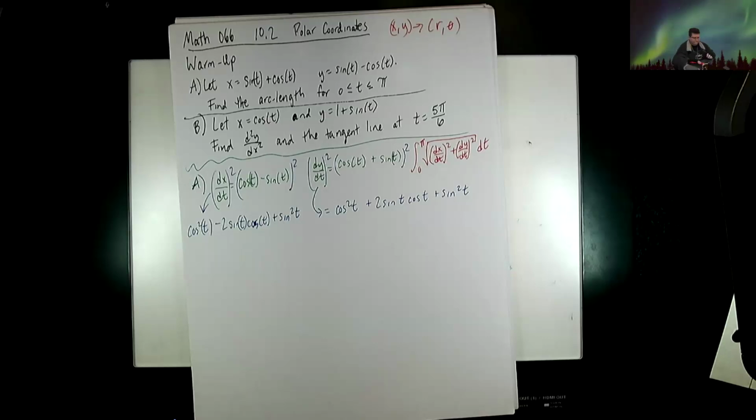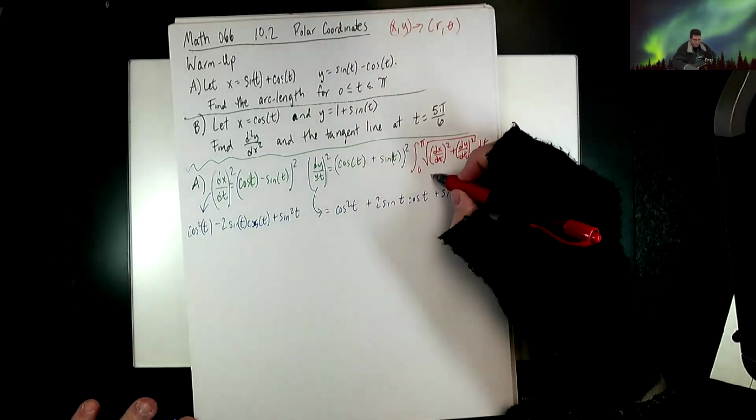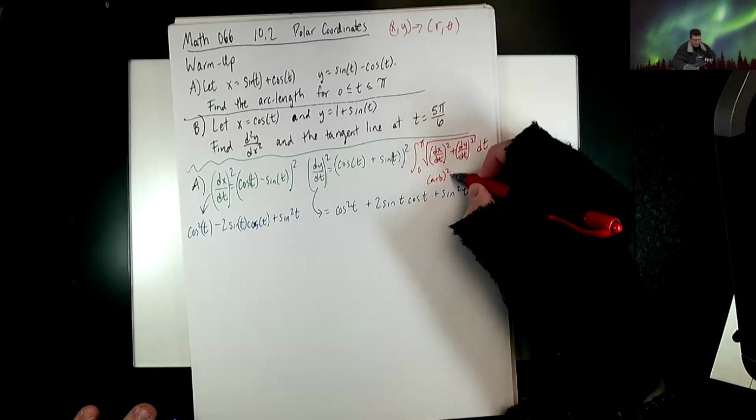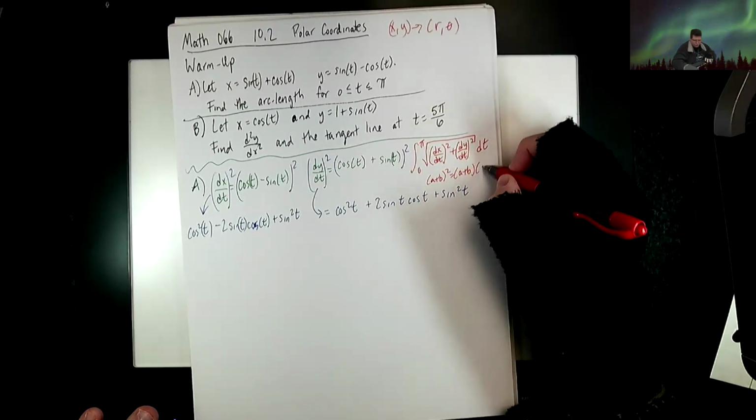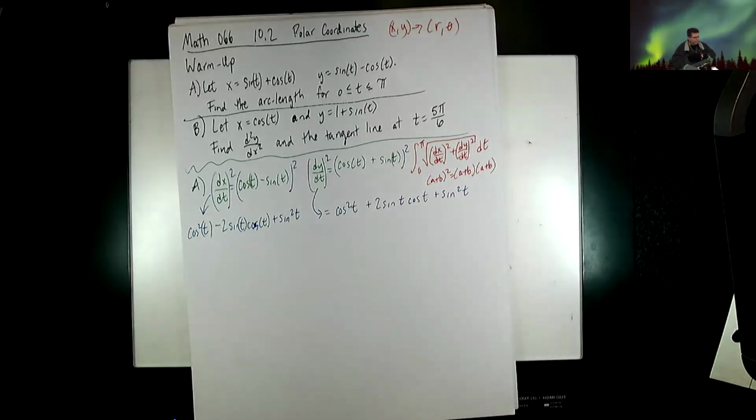Right? I jumped through it a little quick, but when you square them, don't forget you don't just square each thing individually. There's a FOIL thing going on.